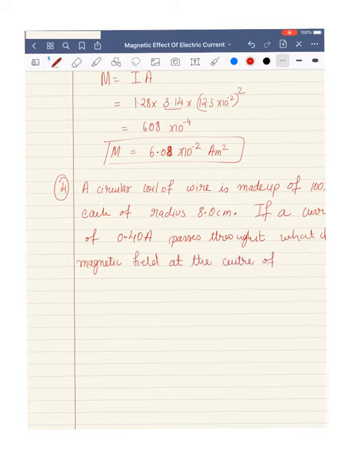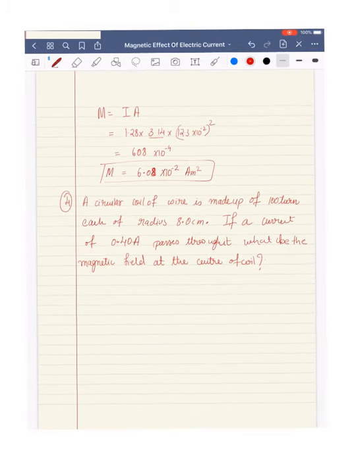That's what they are asking us. Okay, so if you check the given data, the number of turns is mentioned to you, the radius is mentioned as 8 centimeter and the current is given as 0.4 ampere.